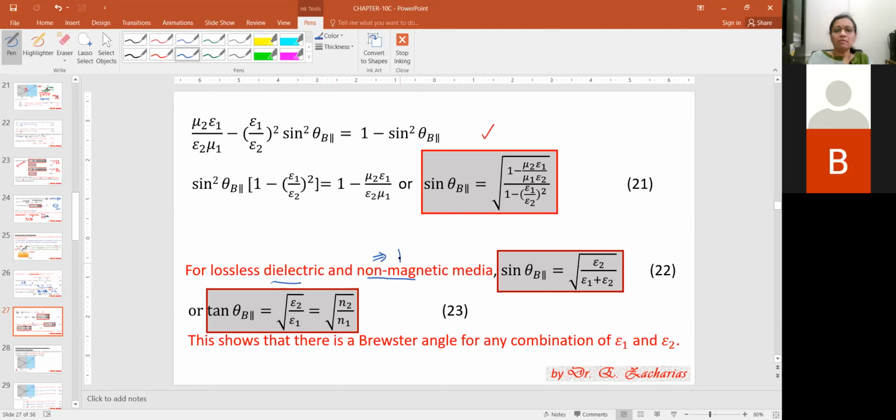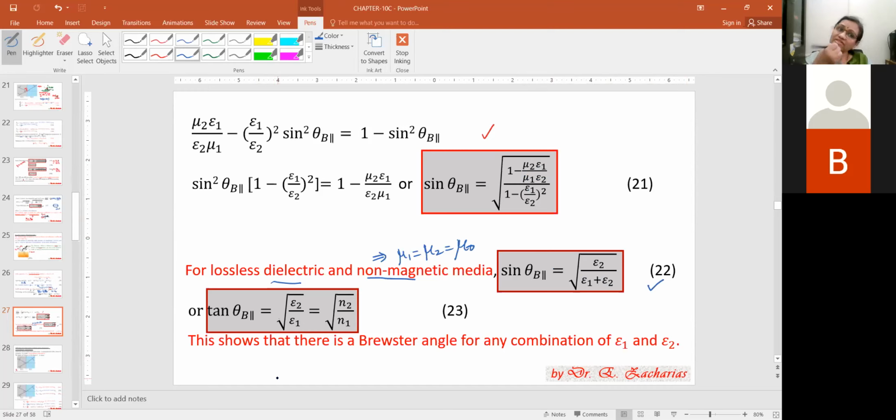Non-magnetic implies mu1 equal to mu2 equal to mu0. It's like free space. As far as magnetism is concerned, it is behaving like free space. It is not going to have any magnetism. So look at this equation. In this equation 21, if you get rid of mu, you will end up with this beautiful equation 22.